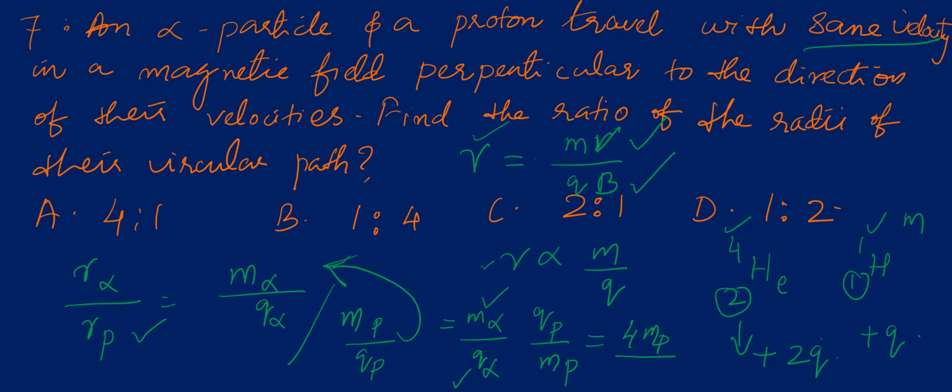Charge of alpha is 2 times that of proton, into charge of proton, divided by mass of proton. Then when we calculate this, we will get 2. So the correct option is option C, 2 is to 1.